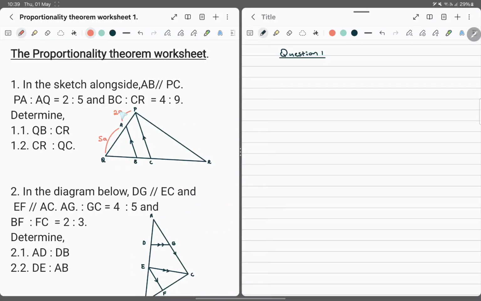So essentially this is what you do. You always choose some multiple to create this proportion, to avoid assuming this ratio simply means just 2 units over 5 units. Not necessarily.